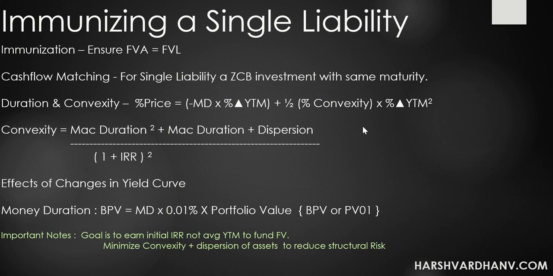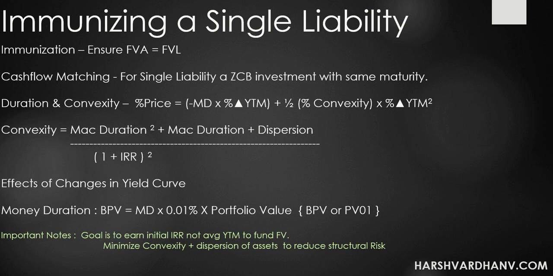But how will you identify what factors are impacting your convexity? So this is the breakdown of the formula. It is Macaulay duration square plus Macaulay duration plus dispersion upon 1 plus IRR the whole square. So dispersion over here is basically the cash flow dispersion around the liability, right?